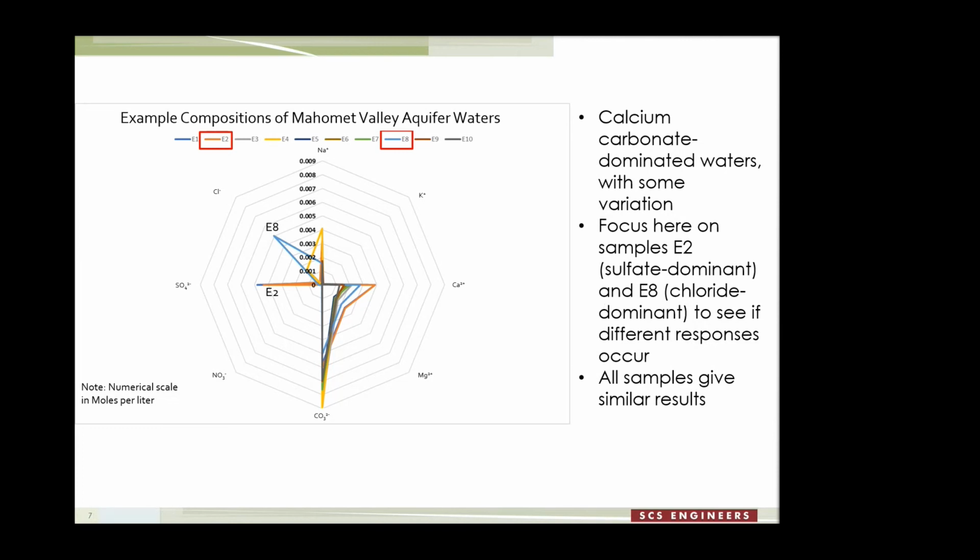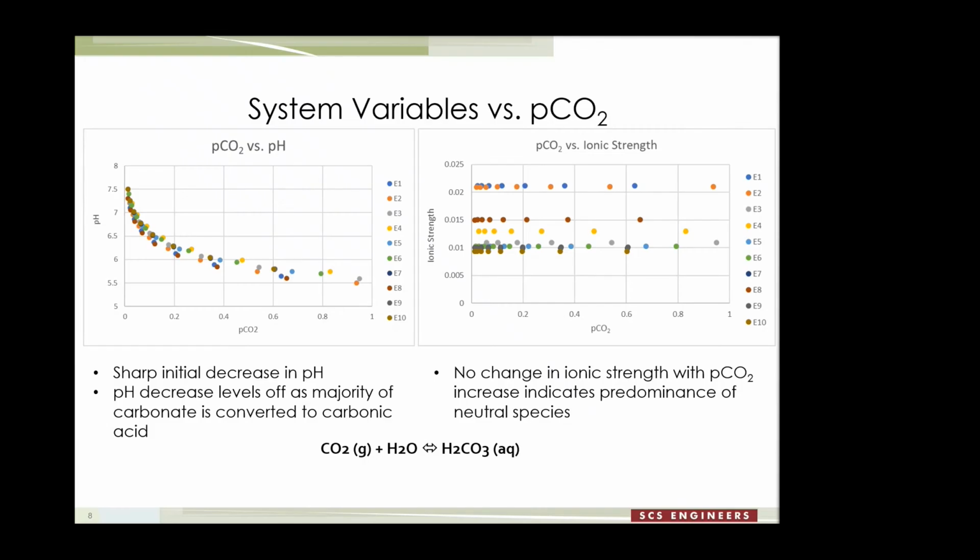To set the stage, though, I want to first show how a couple of system variables responded to increasing PCO2 for all 10 samples. Looking at PCO2 versus pH, we can see that as the PCO2 value increases, there is a sharp initial decrease in pH.